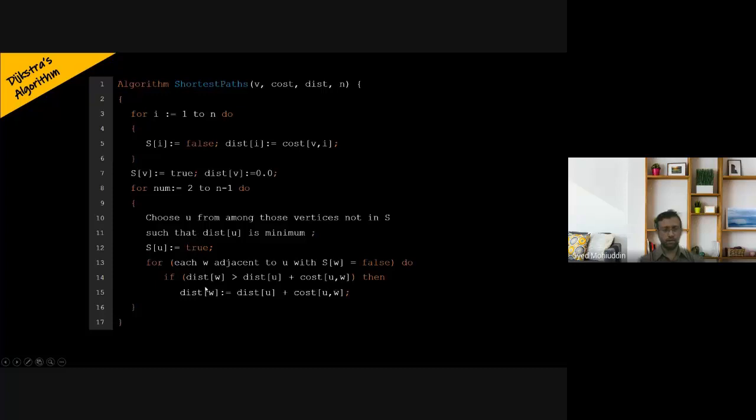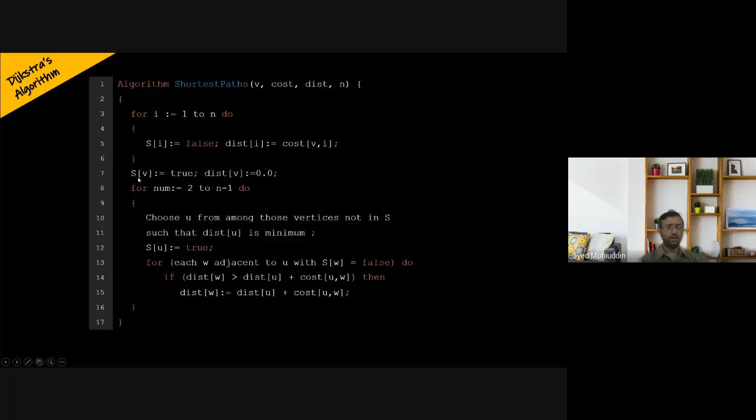This algorithm may seem to be tough, but it is very easy to remember. The first part is the initialization part, a for loop from 1 to n. We initialize two things, array S and the distance array.